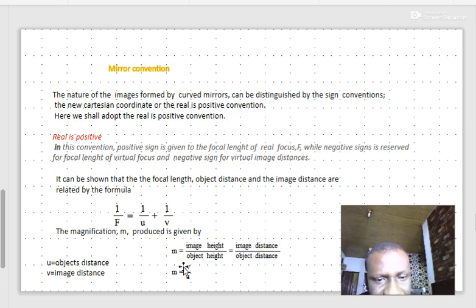So we have a chain of expressions. v over u, image distance over object distance, can also give us the magnification as seen in this statement here. So we have to apply this to some simple problems analytically. Let us see how we can apply this idea.